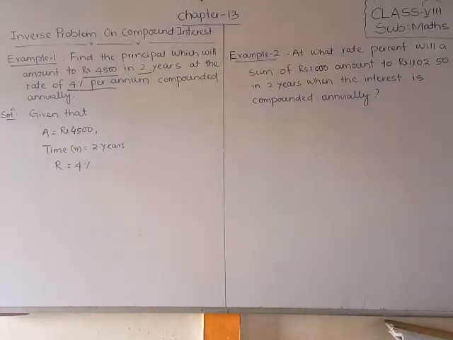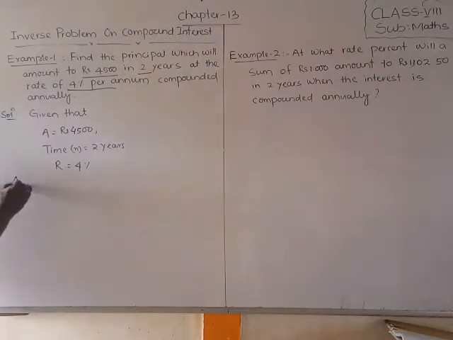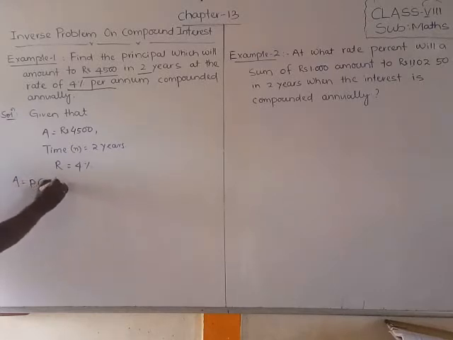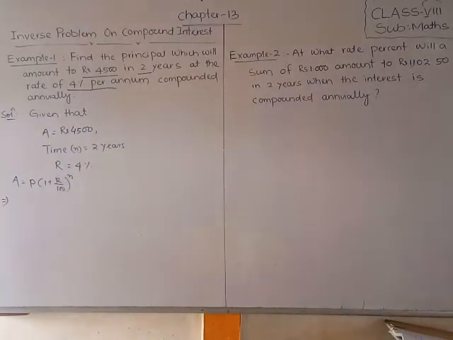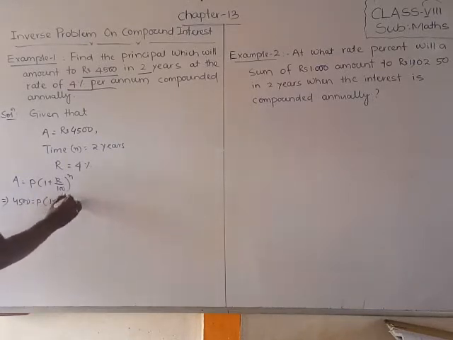Now we have to find the principal, but we know that amount is equal to what is the formula? P into (1 plus R by 100) whole power n, because it is compounded annually. Now put the values, students. Amount given is 4,500, equal to principal into (1 plus 4 by 100) whole power 2.